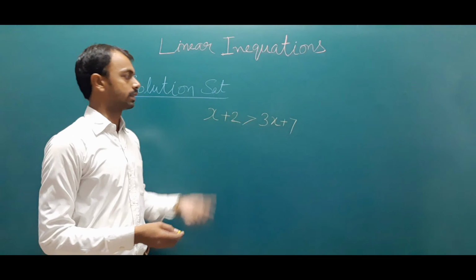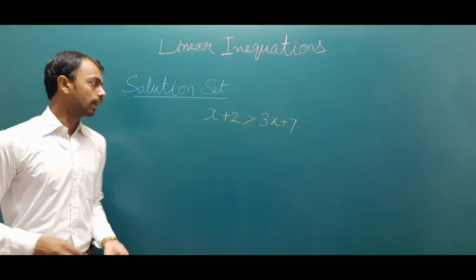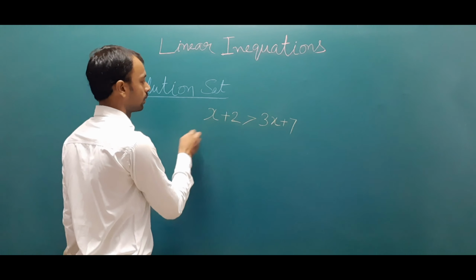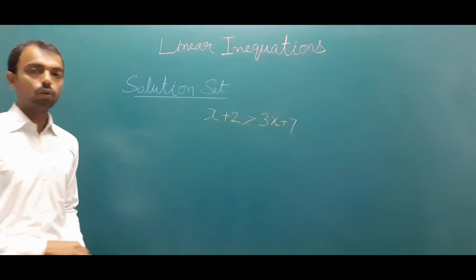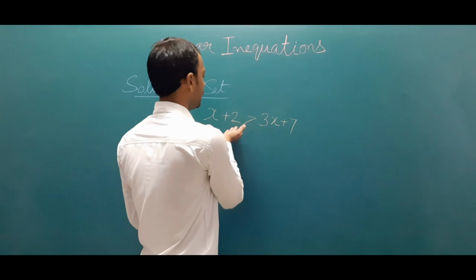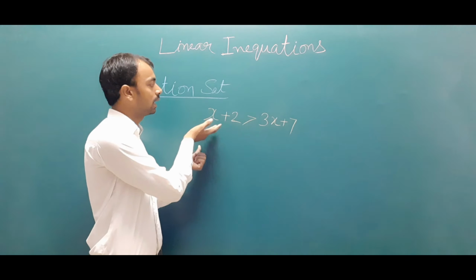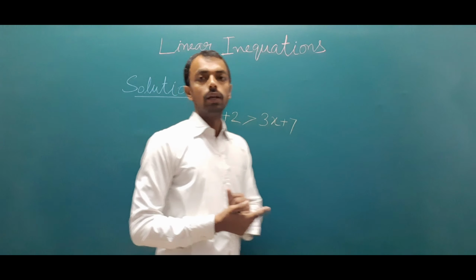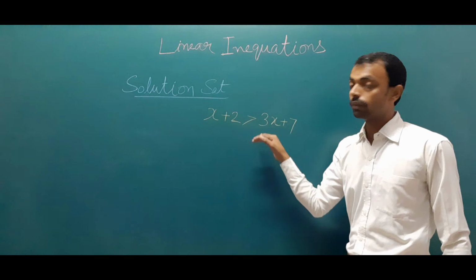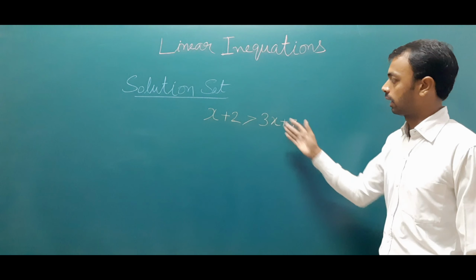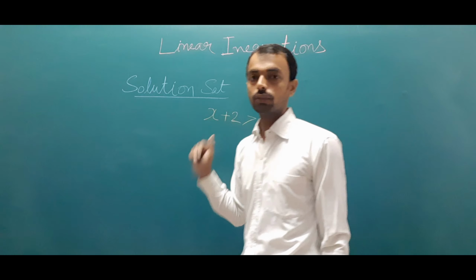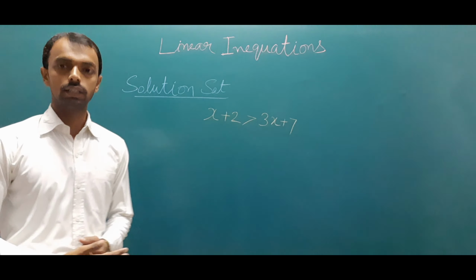Like if I put 2 or 4 over here and the inequation is satisfied by those values, then those values will be called the solution set. Means the values of x that satisfy this inequation are called the solution set.